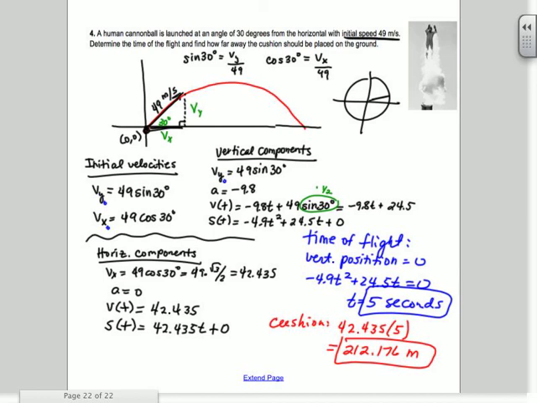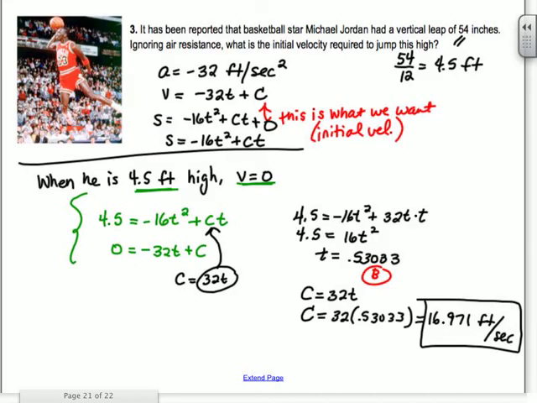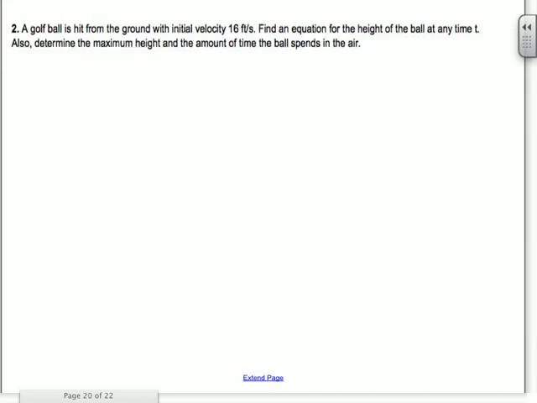All right, so let's go back to number 2. I'm going to do some edits on number 2. Okay, we decided that the golf ball being hit at 16 feet per second was not good. It's like putting. So we'll make it 120 feet per second at 15 degrees, an angle of 15 degrees with the horizontal.